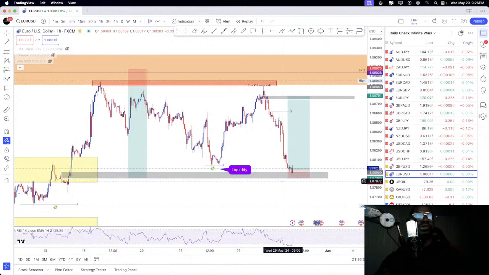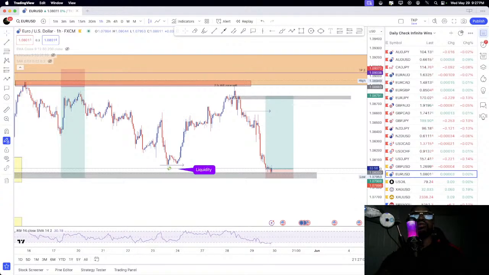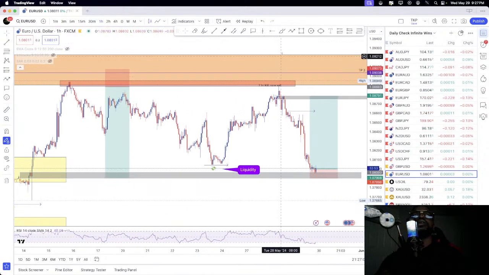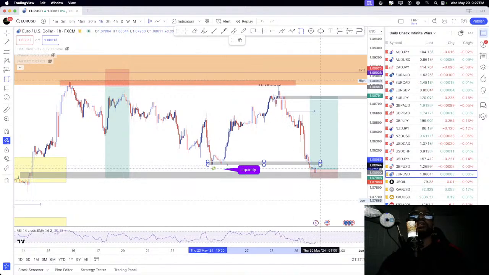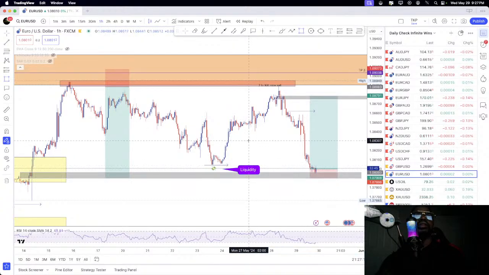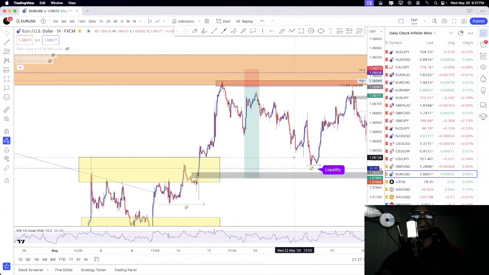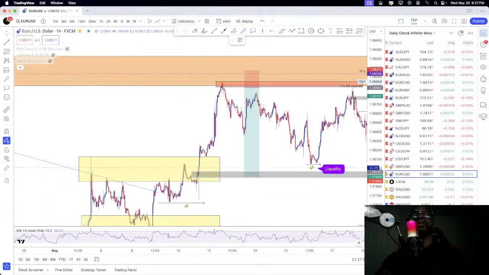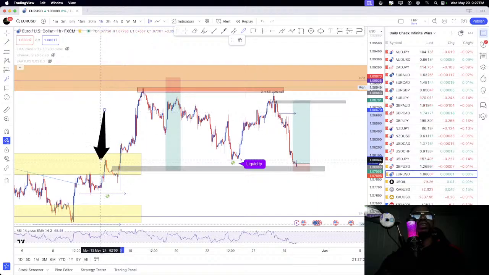So right now in Euro USD, we actually just took this buy. We want to see how this thing is going to play out. Earlier, we were looking at it from this level here. But now it's retesting this structural level of resistance, which is now support.